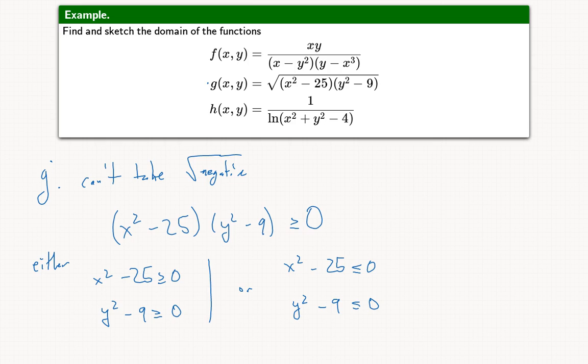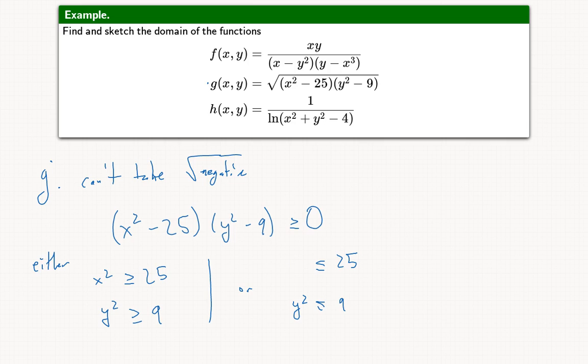So these become x squared greater than or equal to 25, y squared greater than or equal to 9. And now if we take the square root, this will become absolute value.